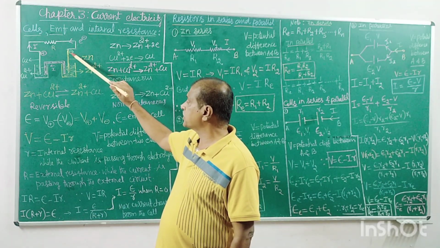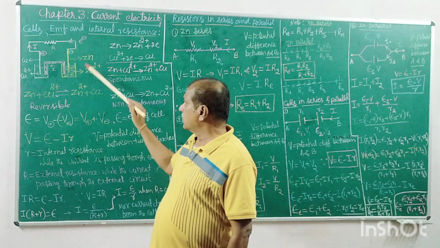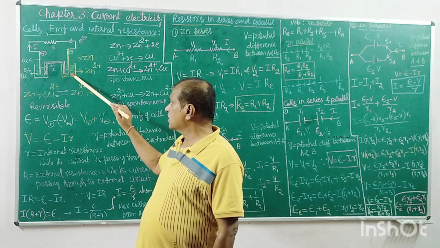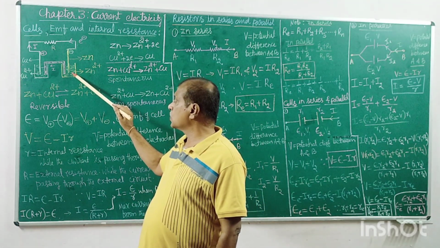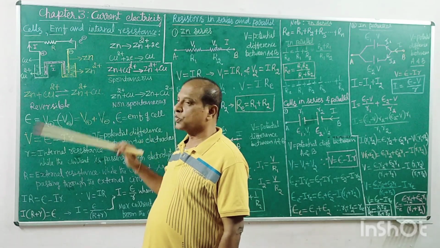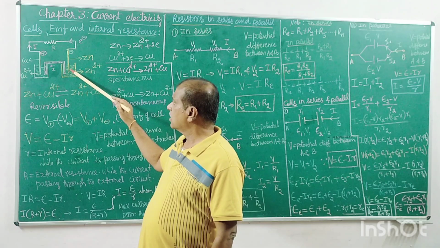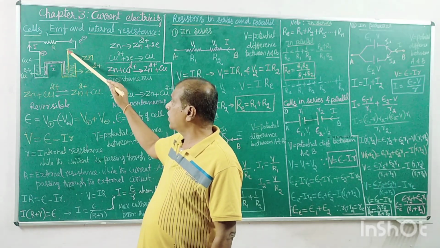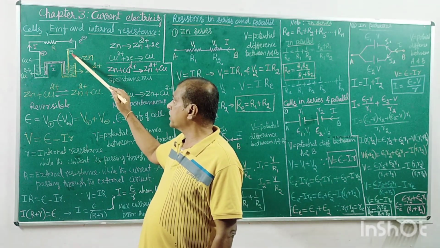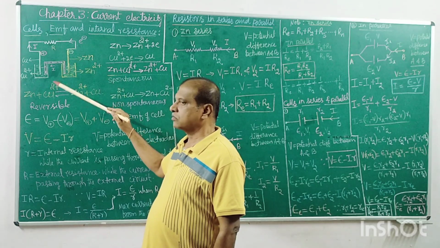That is electron rich, negative. That zinc goes into solution as zinc ion. As a result of this, an electric potential is developed on this metal. There is a negative potential, electron rich. That is spontaneous.